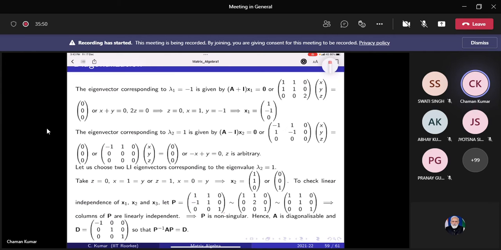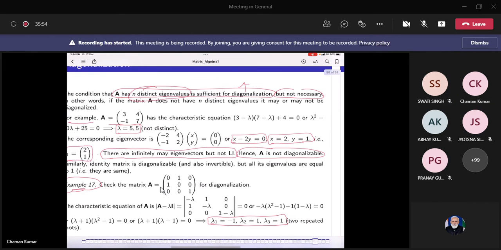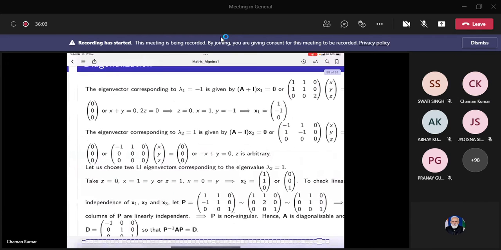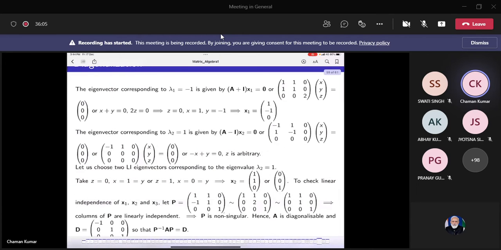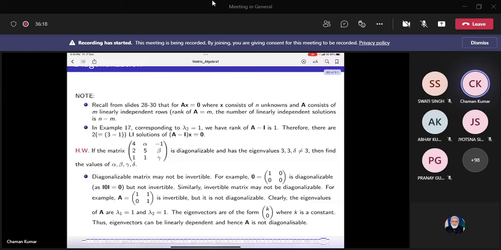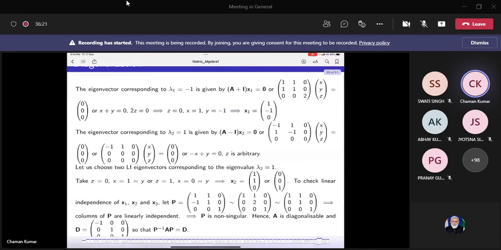In the first example, we have seen that A is not diagonalizable and the eigenvalues are equal, not distinct. And in the second example, we have seen that A is diagonalizable although two eigenvalues are equal. So this is not a necessary condition. Fine. Any question here?